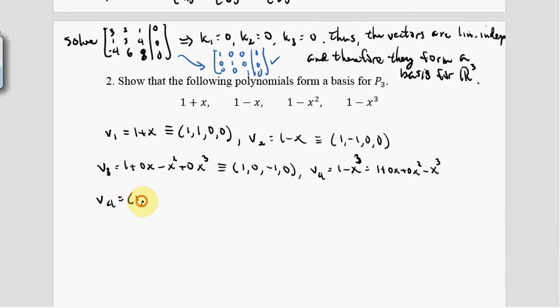And we'll just say this is 1, 0, 0, negative 1. Right? You see how we represent those polynomials by the vector form?